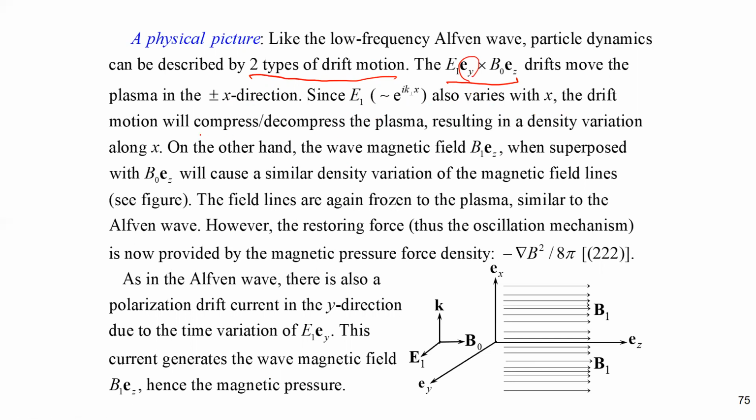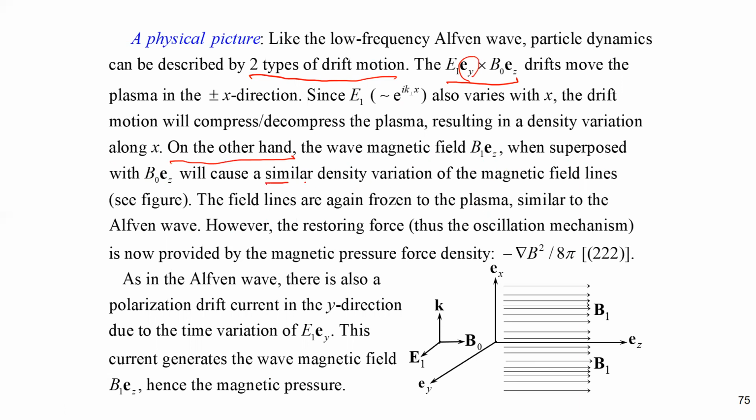The drift motion will compress and decompress the plasma, resulting in a density variation along the x direction. On the other hand, the wave magnetic field B1, when superposed with B0, will cause a similar density variation.